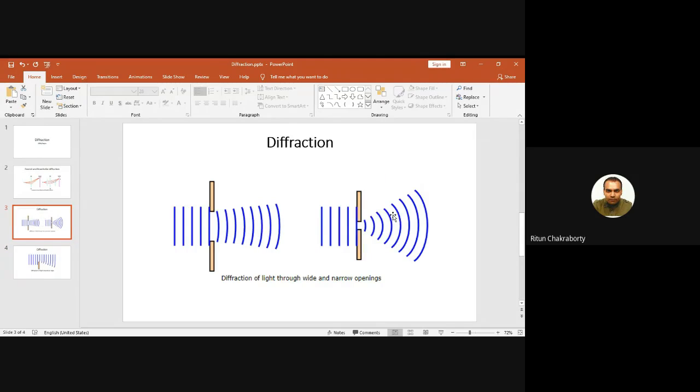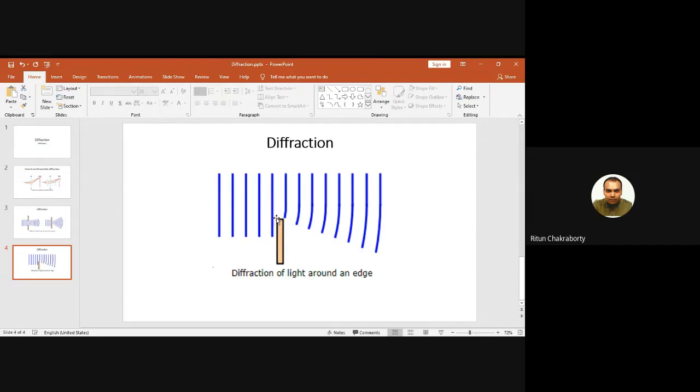So in this figure, the deviation is not very much pronounced because this is a wide opening. Here it is pronounced because this is a narrow opening, which generally should be of the order of light wavelength. Therefore, in this case, light shows quite pronounced deviation. And in this case, this is the bending of light.